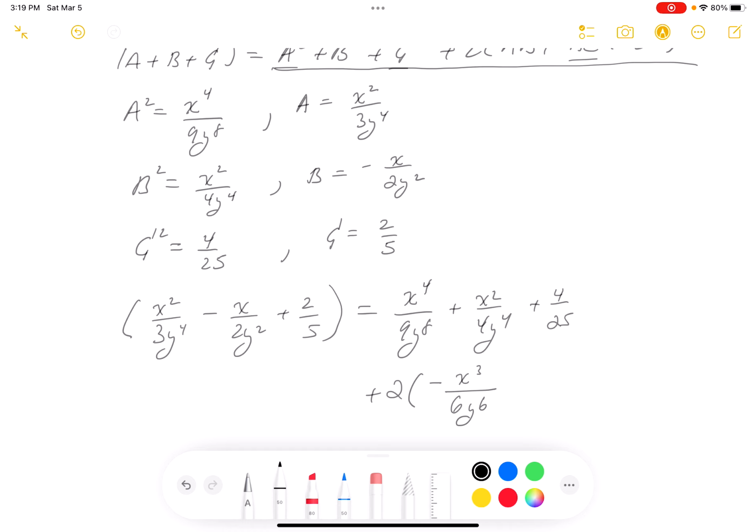And then what do I got? I got AC, right? What's AC? Let's see, 2x squared over 15y^4. And then I got BC, which is going to be minus 2x over 10y squared.